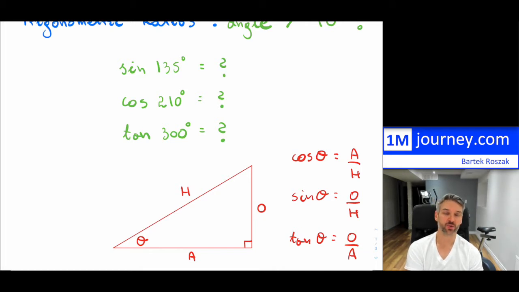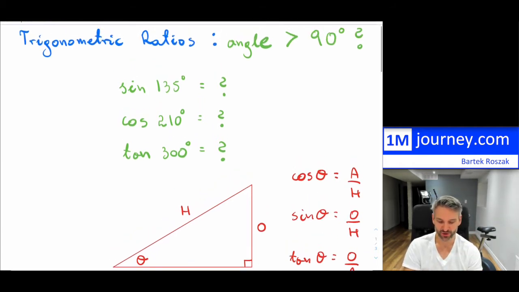Now, the next question is, in math, sciences, engineering, even in business, as you continue on, these trigonometric ratios are not just for angles less than 90 degrees, because your right-angled triangles have angles less than 90 degrees, otherwise it would no longer be a right-angled triangle.